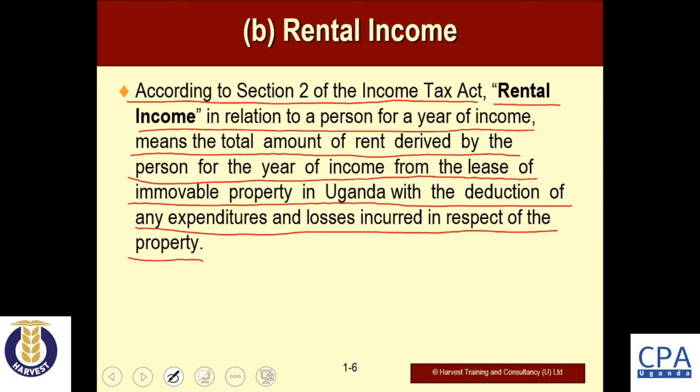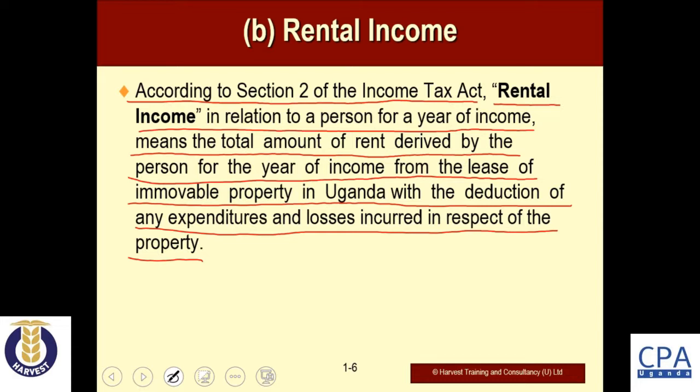Rental income is basically the income you derive from letting out your immovable property. In particular, for resident individuals, we are talking about income derived from leasing of immovable property that is located in Uganda.